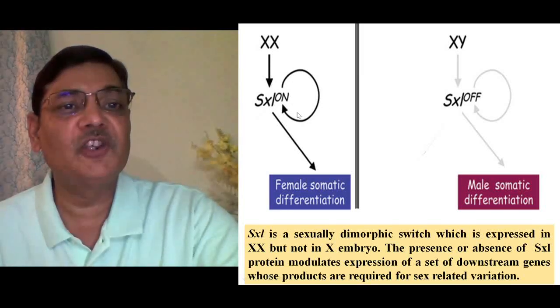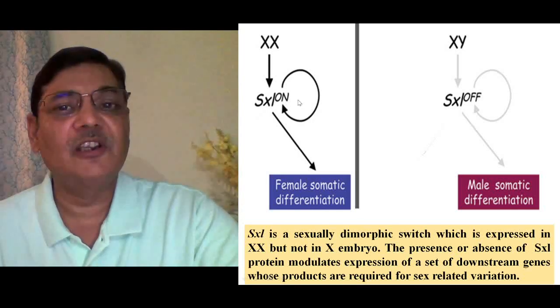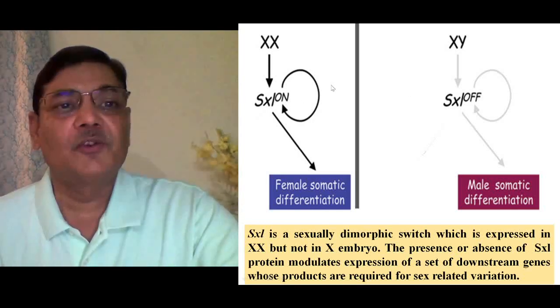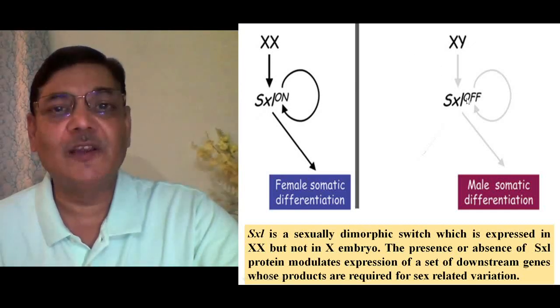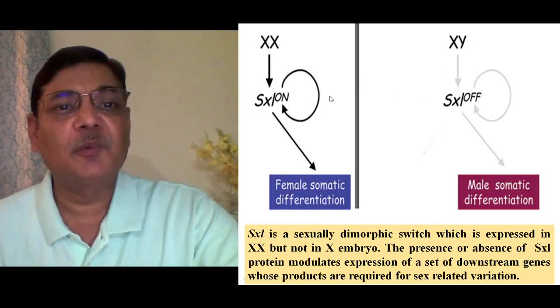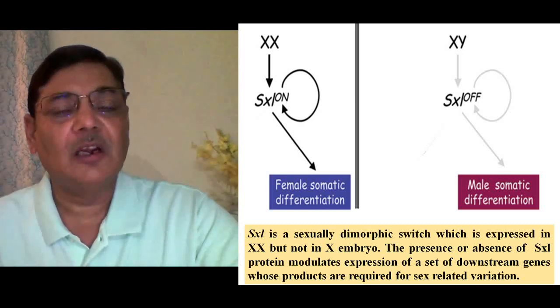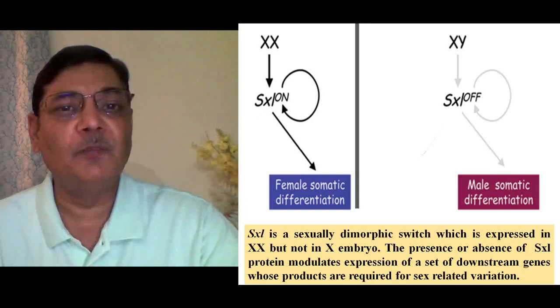It means this specific ratio is important to trigger the synthesis of this gene and to provide its product, that is sex lethal protein. So in case of female it is available, but in case of male it is not available. And its presence or absence will decide the other genes in the embryo to get expressed or remain dormant. We can understand this in the next diagram.